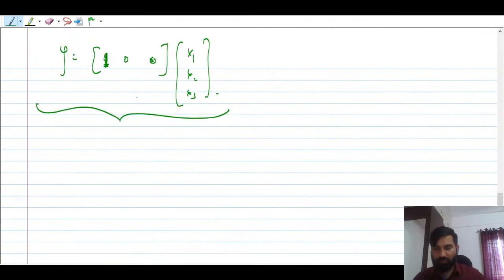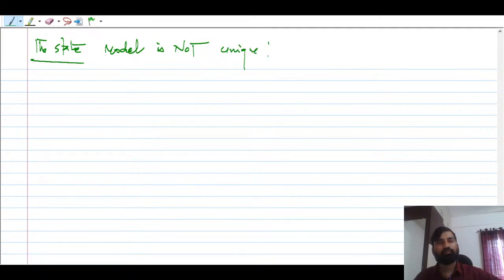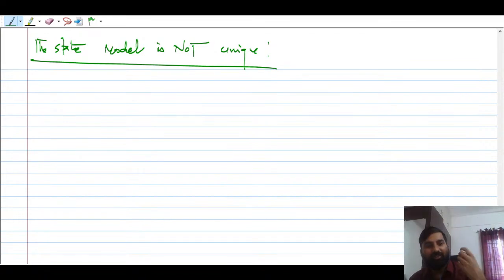The state model is not unique, remember. The state model is not unique. Please keep this in mind, right? In the options, you might not get the same, because there are 4 models that you have to remember.